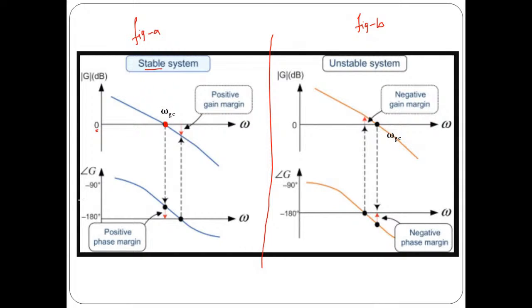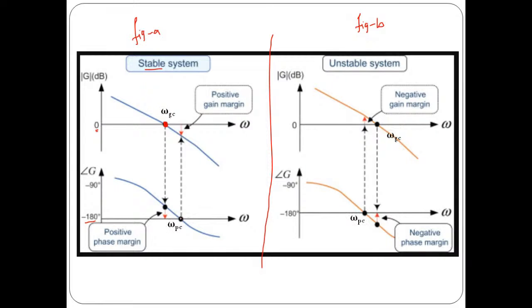The omega PC is nothing but what? This part of figure A indicates your phase angle plot. So here on y-axis we have taken the phase angle which will be in degree, and on x-axis we have taken the frequency which will be in logarithmic scale. And I told you that omega PC is nothing but that particular frequency where the phase angle plot is going to cut the minus 180-degree line.